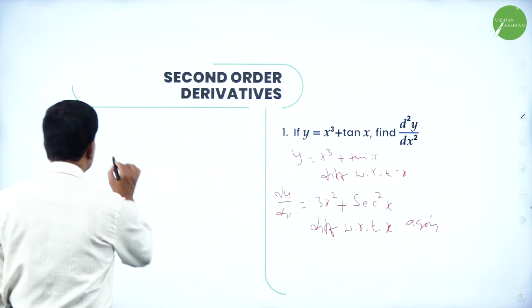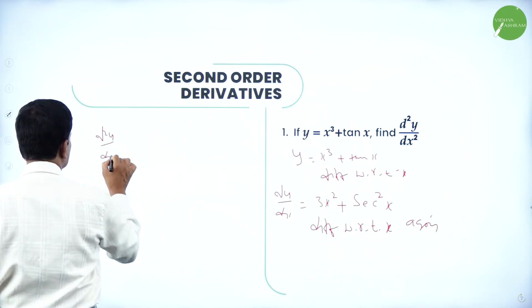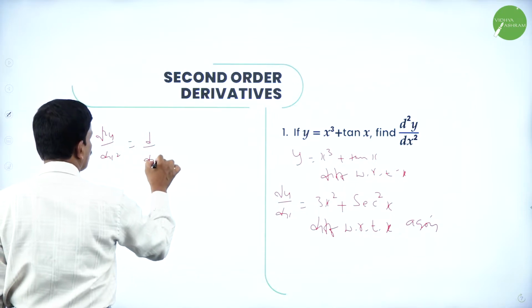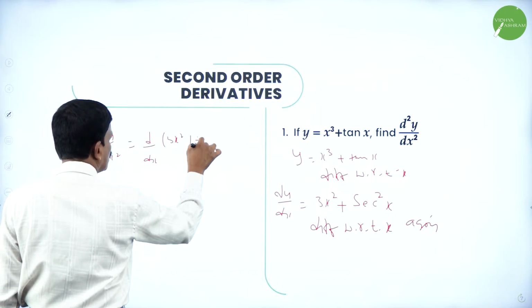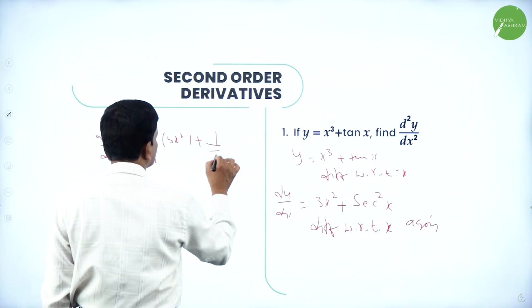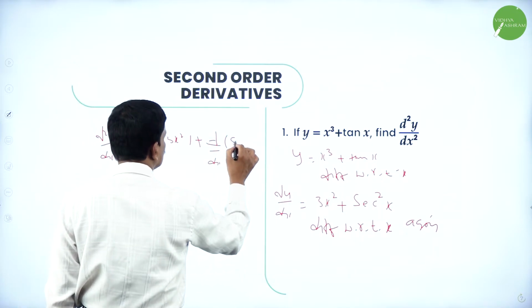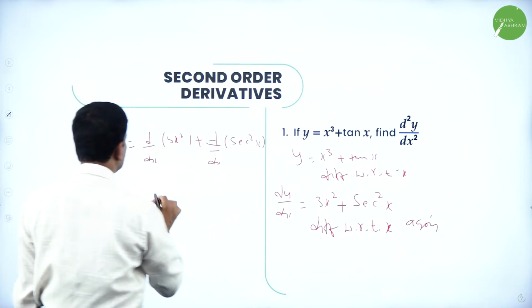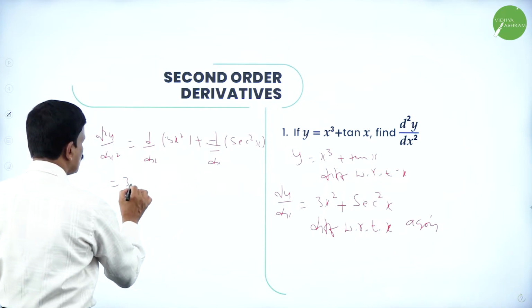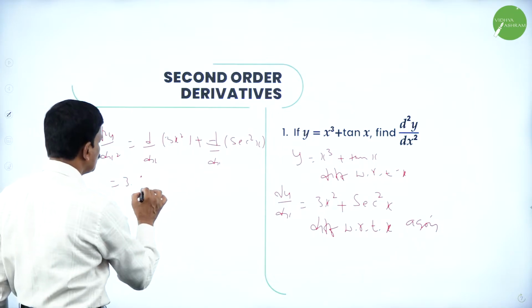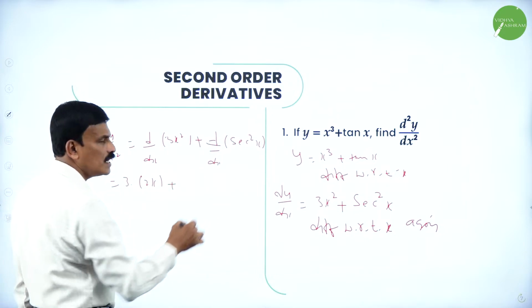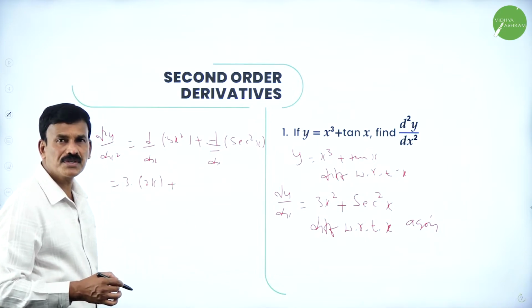Differentiating with respect to x again, what happens? Here if you differentiate, d square y by dx square is equal to d by dx of the first function, 3x square, plus again d by dx of the second function, d by dx of secant square x. So here 3 constant, derivative of x square is 2x, plus again this is function of a function, f of x to the power of n.